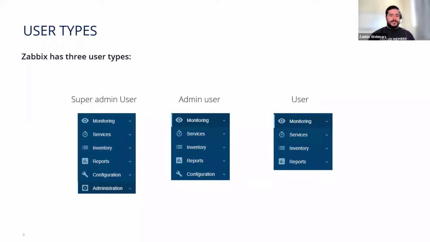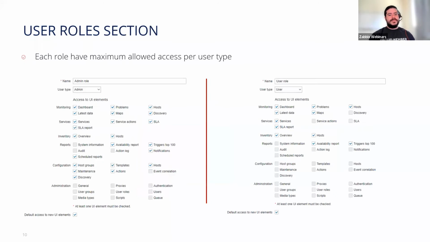And the Zabbix user has limited access to collected data only. So, okay, let's see what is the relation with this and the roles. As I said before, each of these roles has the maximum allowed access per user type. Let's look at these two pictures here. We have the admin role and the user role.